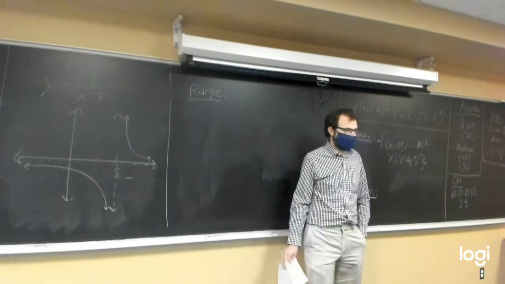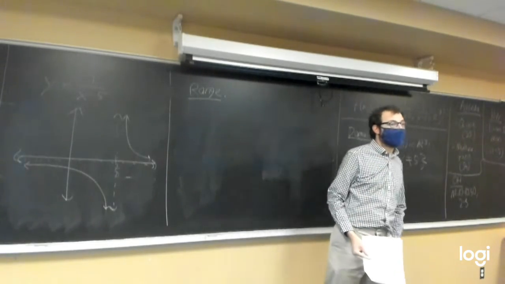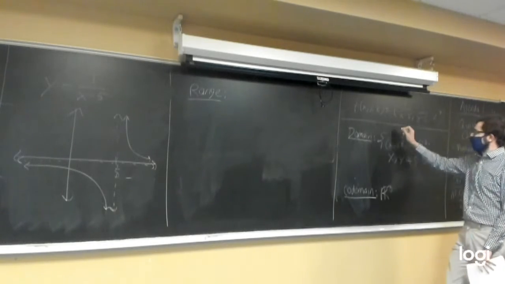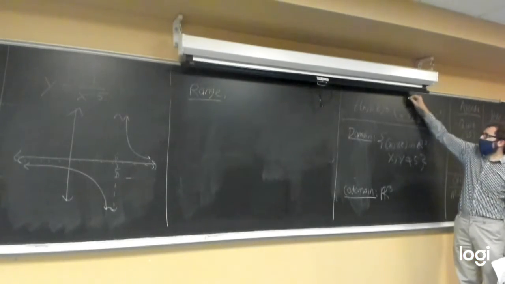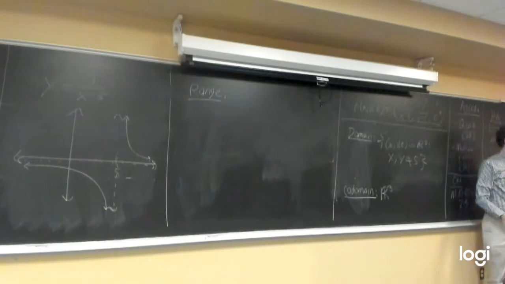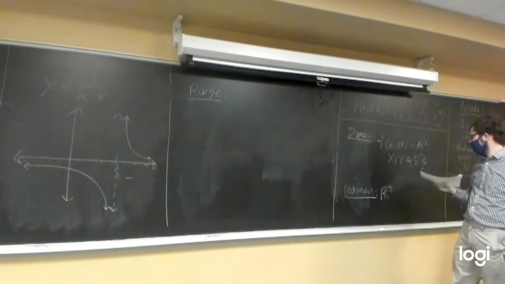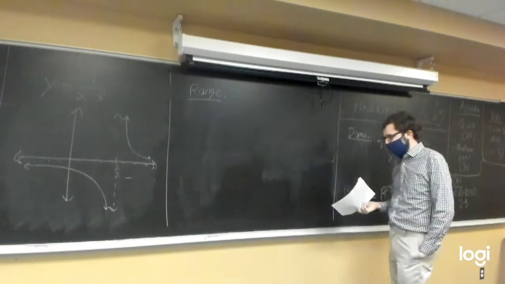Where do all the output vectors live? Okay, R3. Yeah, R3, because our output vectors all have three dimensions to them, sort of an x component, a y component, and a z component. So domain: all vectors in R3 except ones whose x or y coordinates are 5.